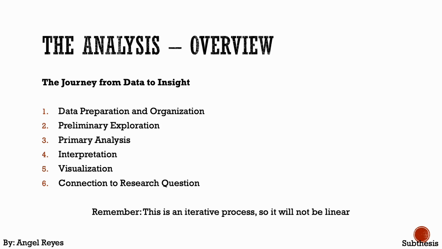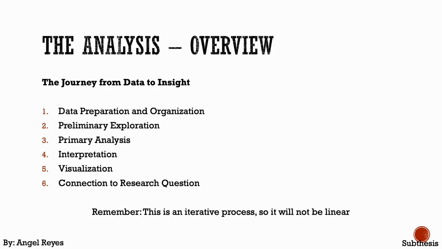This stage often reveals surprises that shape subsequent analysis. Third is primary analysis, applying your core analytical techniques. This might be running statistical tests, conducting systematic coding, building models, or interpreting patterns. This is where your analytical strategy meets your data.